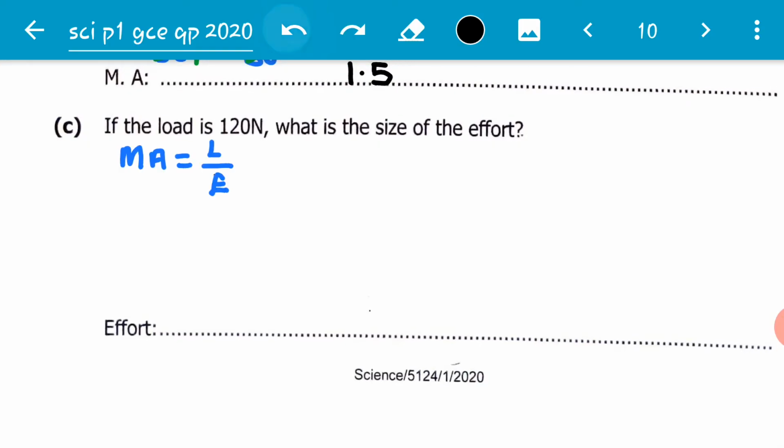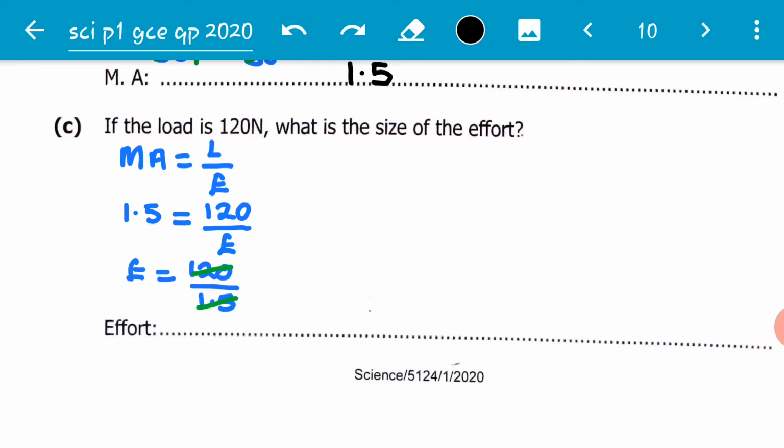So we're going to write the formula. Mechanical advantage is equal to load divided by effort. We know the mechanical advantage is 1.5 and we know the load is 120. So we have 1.5 is equal to 120 divided by E, which is the effort.